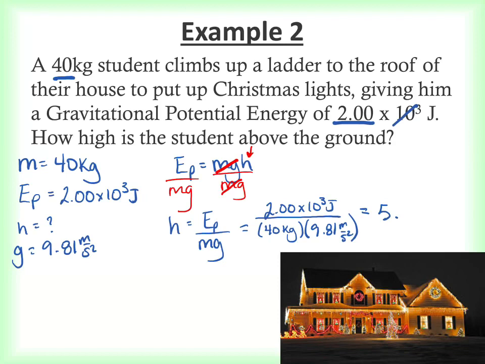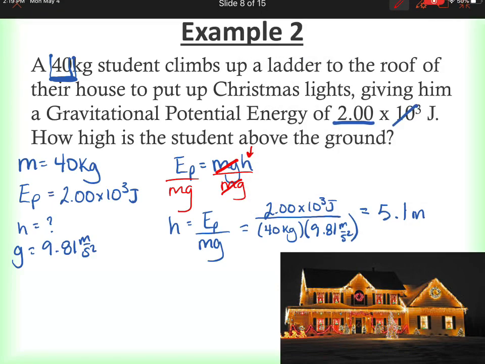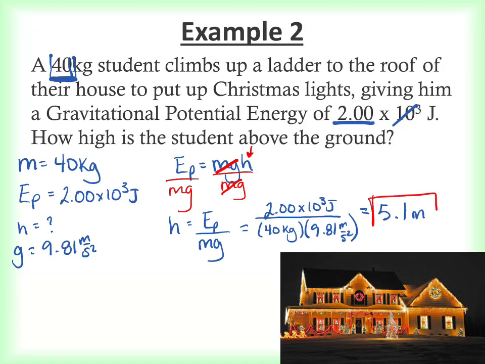I'm multiplying and dividing, so I just need the amount of significant digits. Looks like 2 is the smaller amount, so my answer also needs to have 2. So here, 5.09 will round up to 5.1. Height, well, what units do I need for that? I need meters. And there we go, we are done. See, it's not so bad, was it?